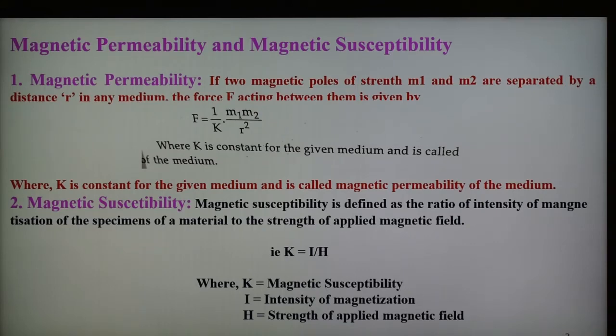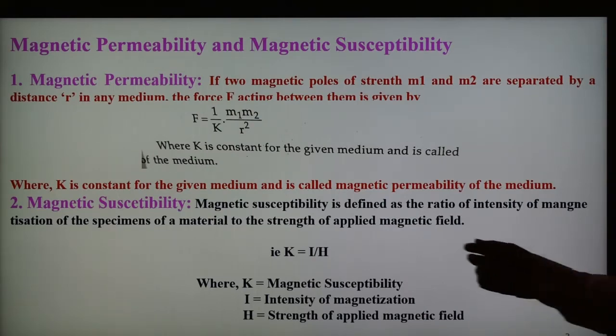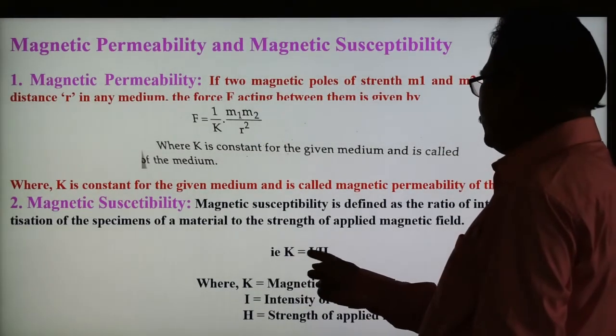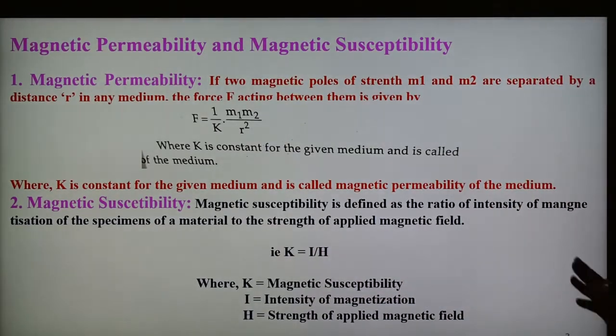Magnetic susceptibility gives an idea about the magnetic lines of force passing through the material. The formula is K = I/H, where K is the magnetic susceptibility, I is the intensity of magnetization, and H is the strength of the applied magnetic field.